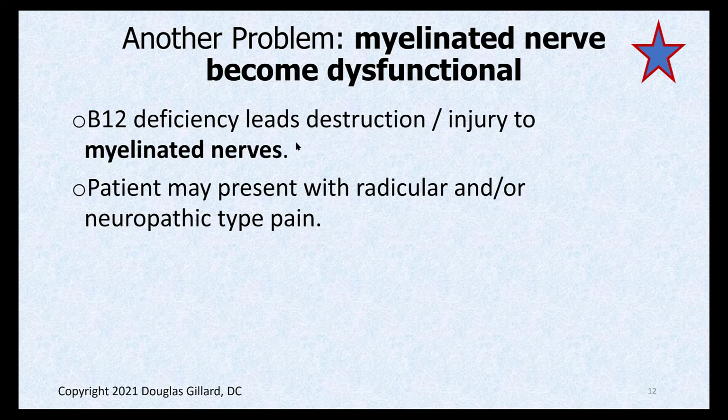Its replacement is dependent on vitamin B12. If you don't have vitamin B12, the covering around your nerves is going to wear out. It's like a wire. If you take the insulation off the wire, you can start getting short circuits, and that's not good. Those short circuits can create some weird types of pain.